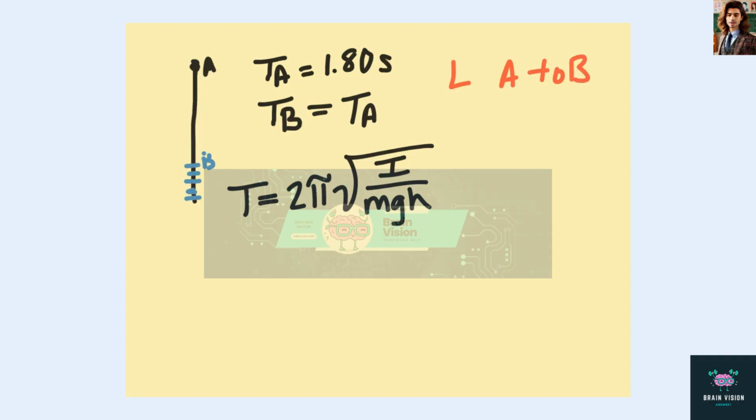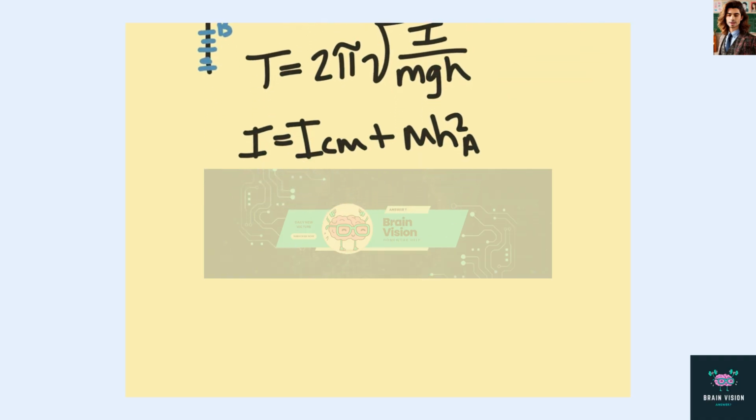The inertia for A is the inertia at the center of mass plus the mass times the height squared of position A, and the inertia for B is the inertia at the center of mass plus the mass times HB squared.